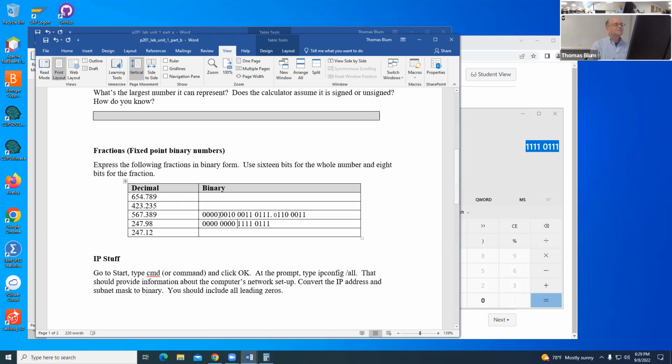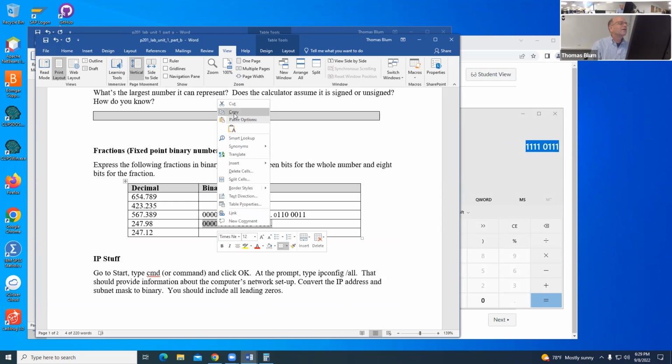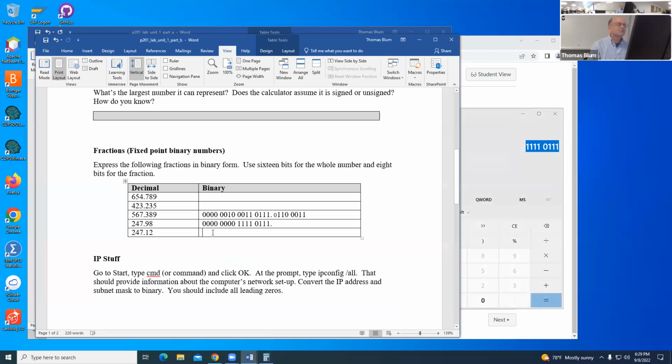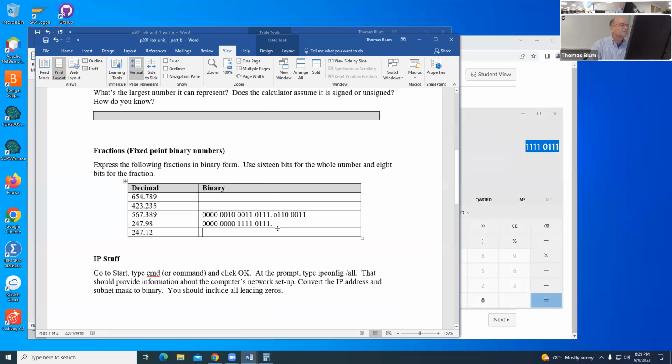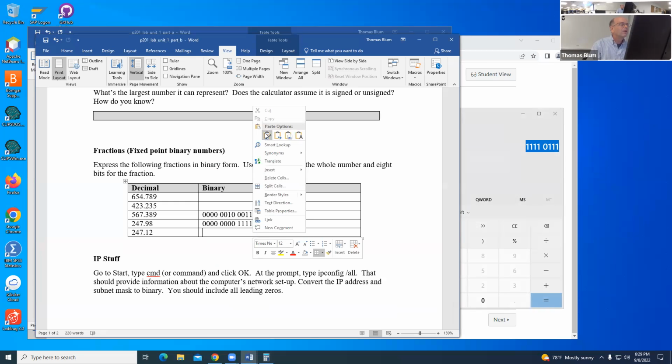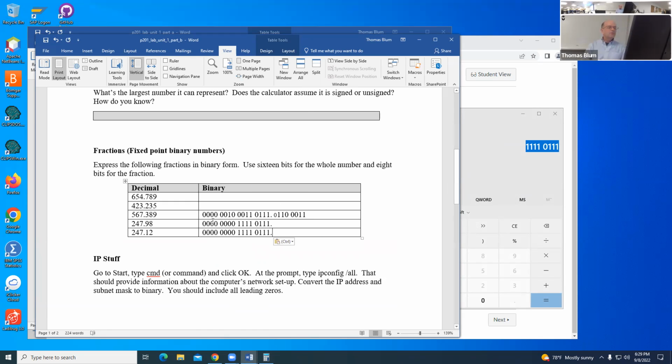I probably wouldn't take off points for that, maybe a tenth of a point if I were really being picky. But now for the fraction.